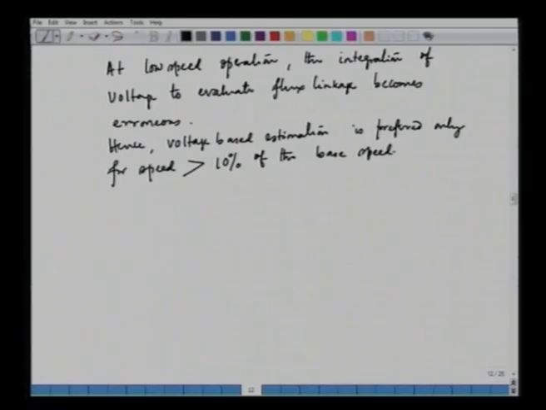Now, to overcome this limitation, we have another method called the current based estimation technique. We will discuss current based estimation after deriving the equations for the same.